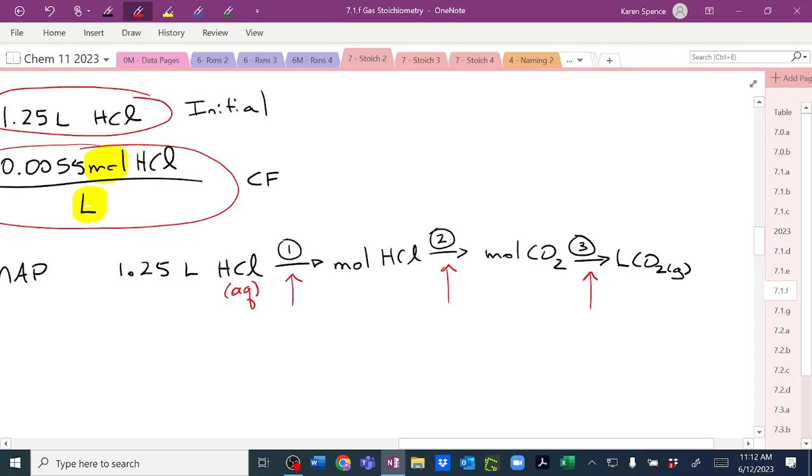And remember, HCl is aqueous. What's the conversion for step number 1?